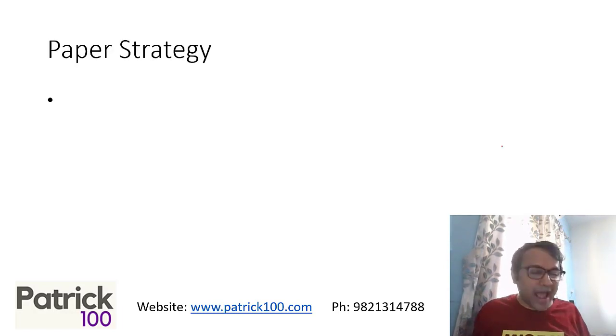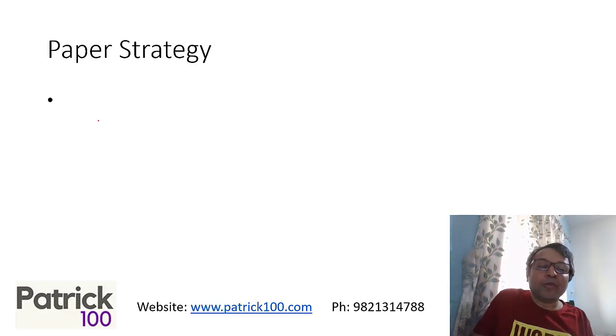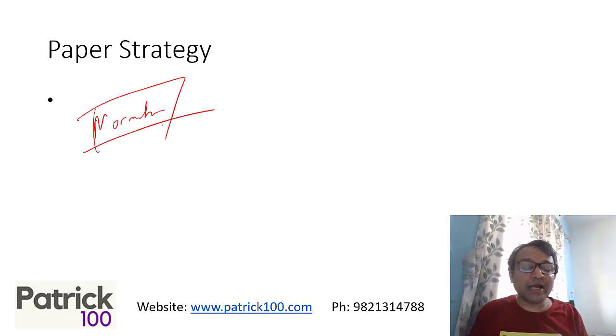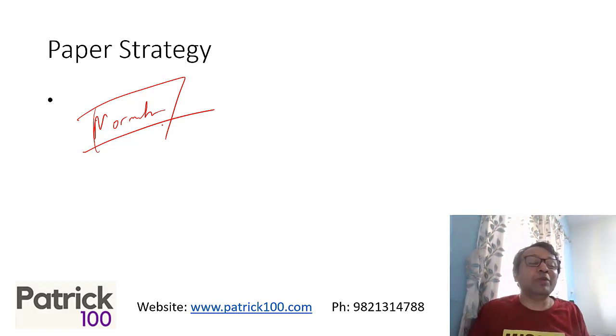I kept paper strategy blank considering that the whole paper has been similar. I'm going to release a normalization video in some time, so you have a fair idea as to how normalization will take place across sections. If it is slot-wise normalization, the way they put up, then I think it's okay to have different types of papers across sections, because you will be competing only with students from your slot and not from other slots to get that particular marks or percentile.